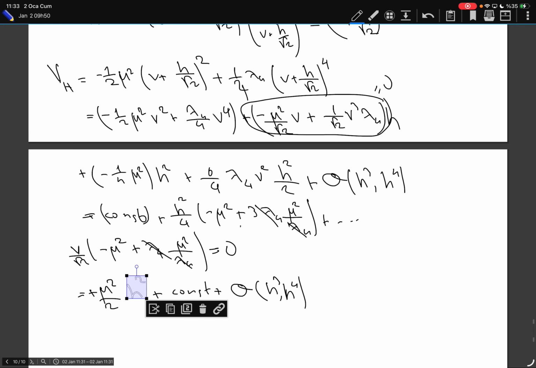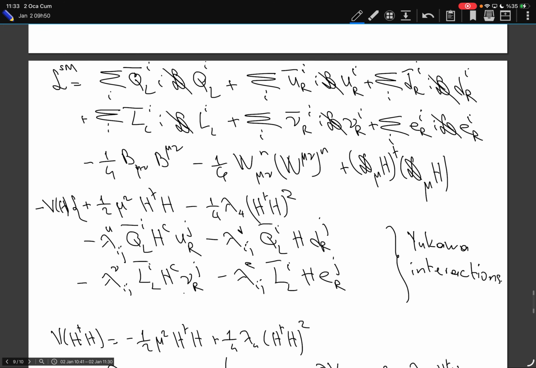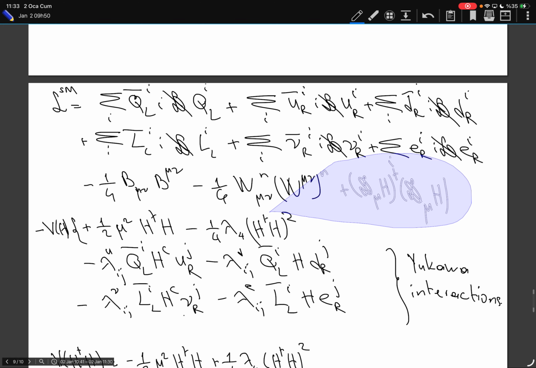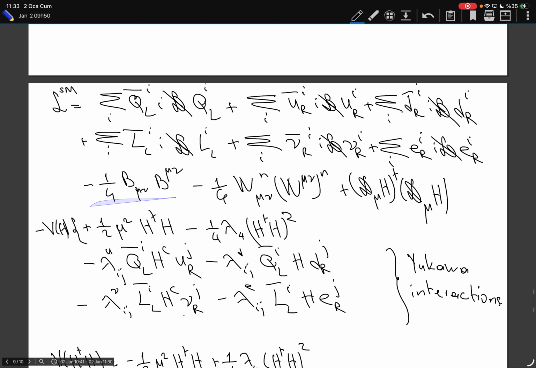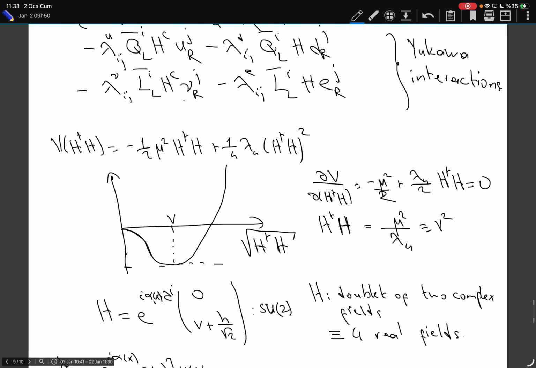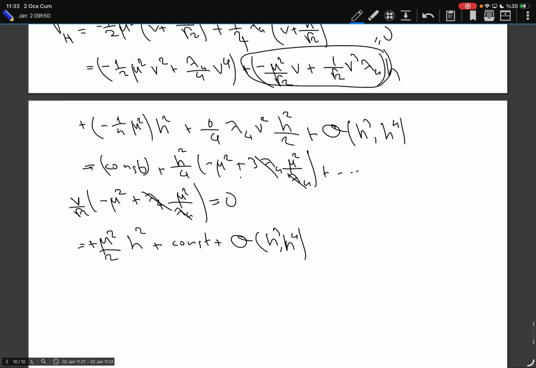So we have a symmetric Lagrangian, only these terms. If I had only those 3 terms, and then this potential basically breaks the symmetry, this SU2 symmetry, and due to that breaking, I have a massive particle and 3 massless particles.